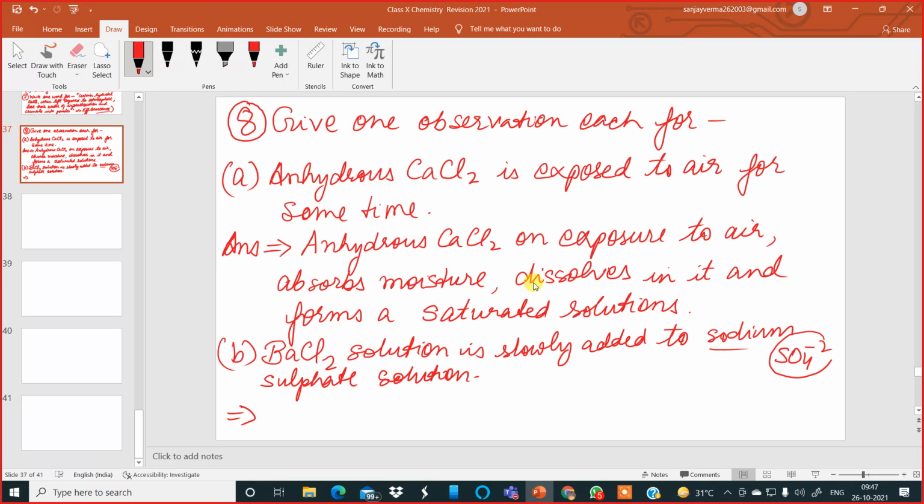You will see a white precipitate of barium sulfate. So this is the observation for question number 8.